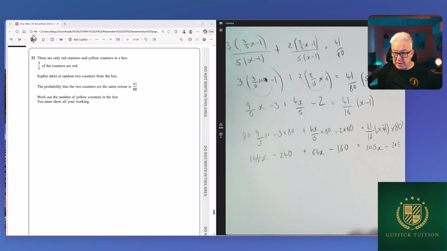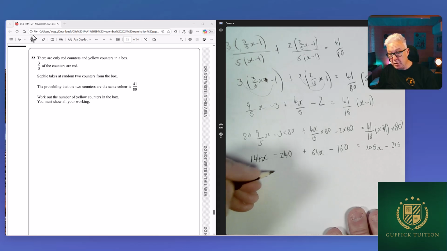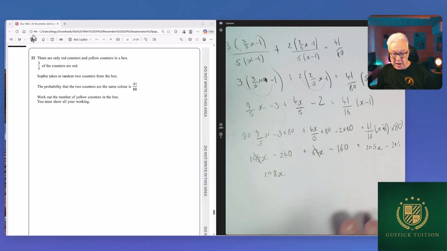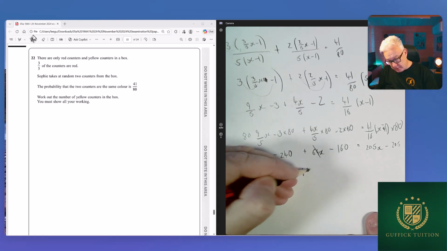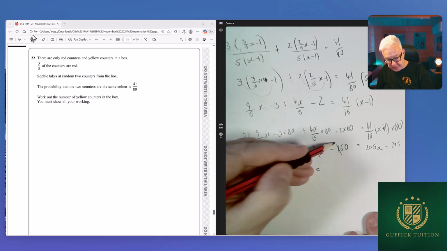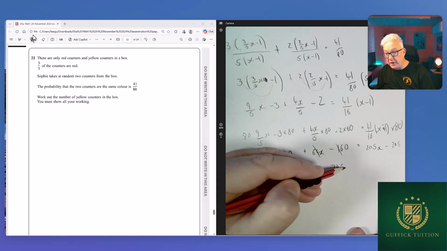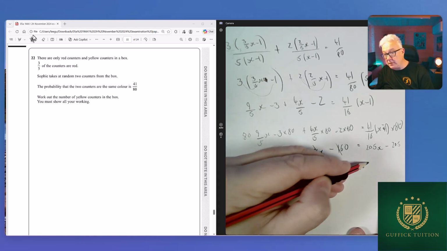Okay, so now it's time to collect like terms. So 144 add 64 is 208, so 208x, and we add those two together. And then 240 and the 160 is going to be 400, so minus 400, so we've done that, is equal to 205x minus 205.